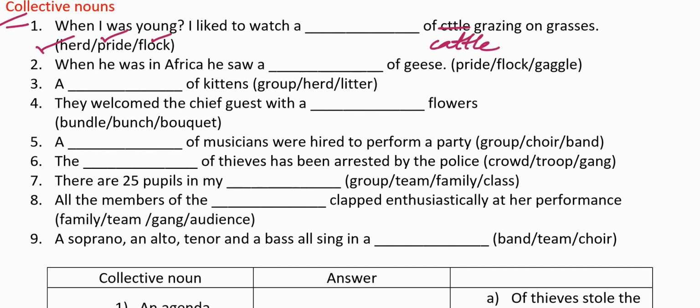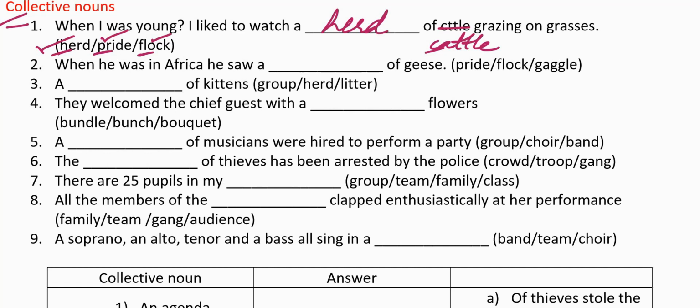Herd also refers to a group, pride also refers to a group, and flock also refers to a group. But each animal group has a different collective noun or a different name. So a group of cattle, there'll be cows and buffaloes, that is known as cattle. So groups of cows or buffaloes together is known as cattle. There is a specific name to that group. What is it? Herd.